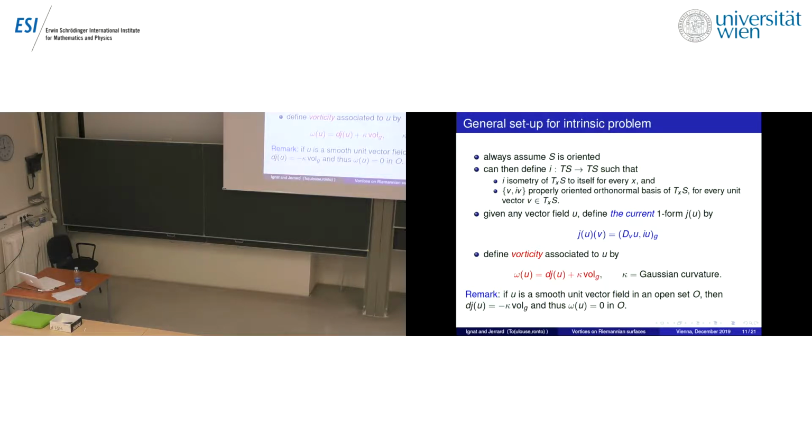The most important quantity is the so-called current, that is nothing but the gradient of your phi. So this is your current. And then the vorticity, which is the curl of your current, which in this case is 0. So nothing happens when you are smooth.